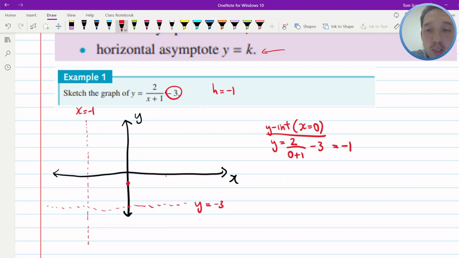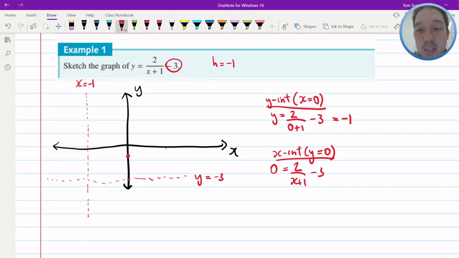The other point is called the x-intercept. That's when y is equal to 0, and we can find this value because of the asymptotes. So 0 equals 2 over x plus 1, minus 3, and we can solve this algebraically. Put the 3 on the other side: 3 is equal to 2 over x plus 1.